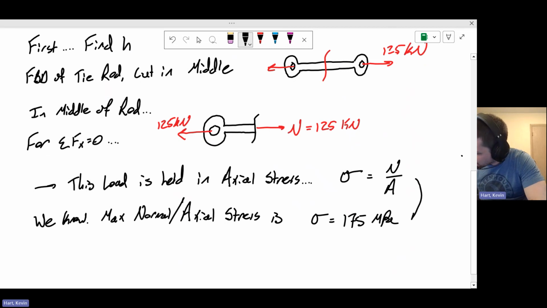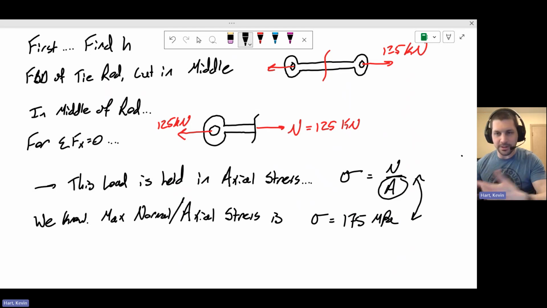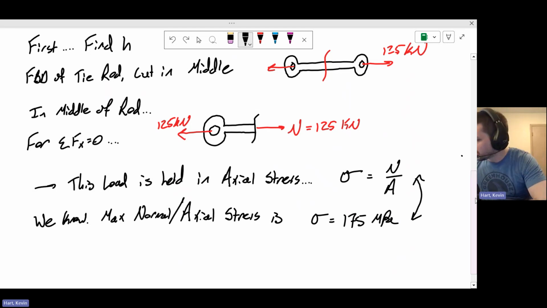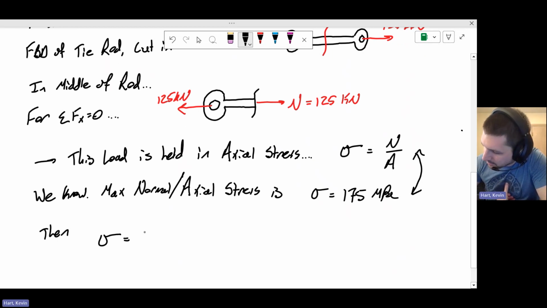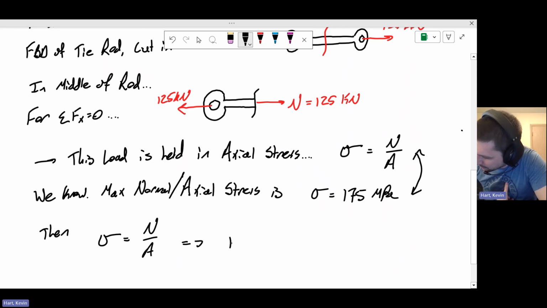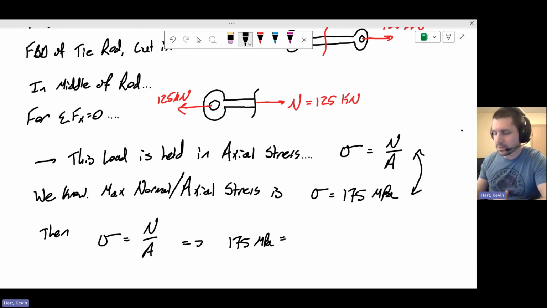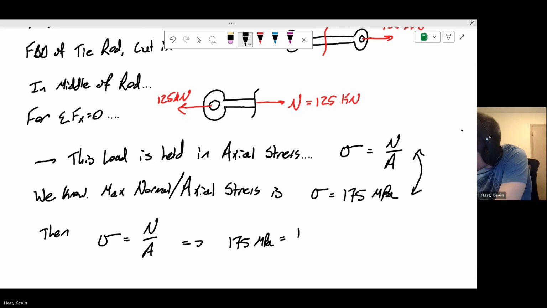So if I put these two together and include that the area is 20 millimeters times the height h that I need, then the stress is normal over area, which becomes 175 MPa equals the normal force, which I know is 125 kilonewtons, divided by the cross-sectional area.